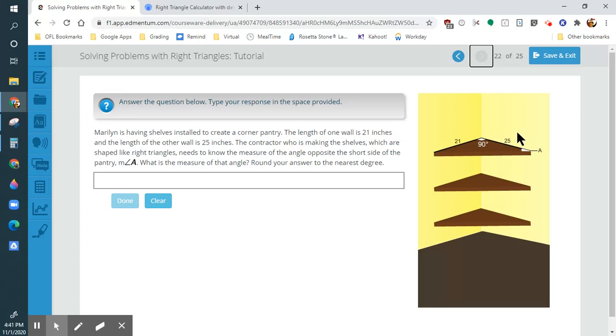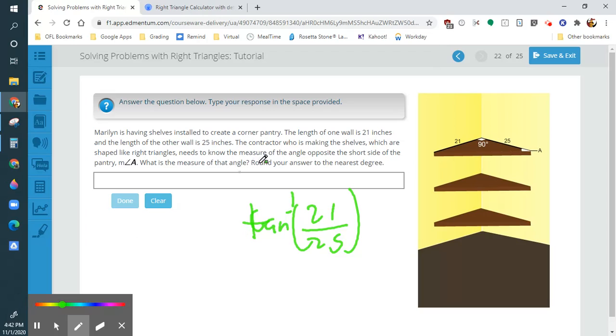So it's an opposite over adjacent situation. It looks a little weird, but this is the opposite of A. So we have the opposite, which is 21, over the adjacent, which is 25. So we can use tangent inverse here, because opposite over adjacent is tangent. So we're going to use tangent inverse.